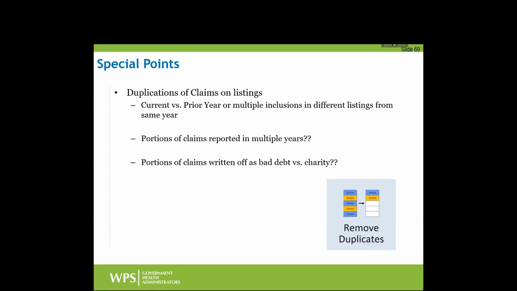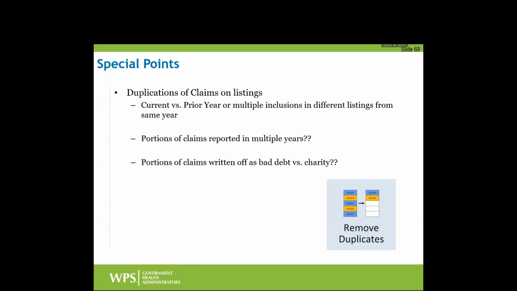We have a tool that we use. We call them complex duplicates. We look for the aggregate of all those listings for that claim, and we make sure that all the charge components across all listings don't exceed the total charges that were there.